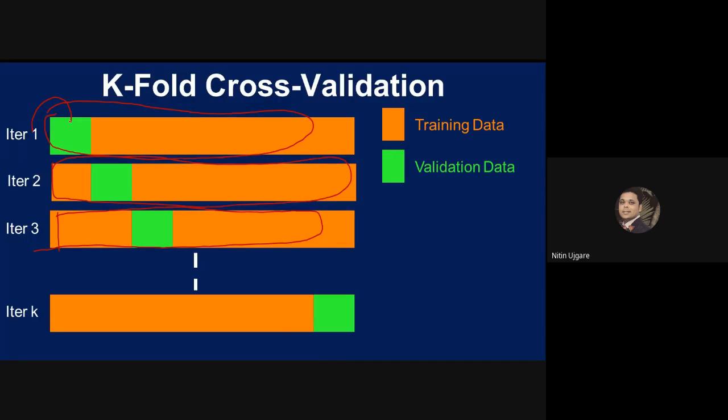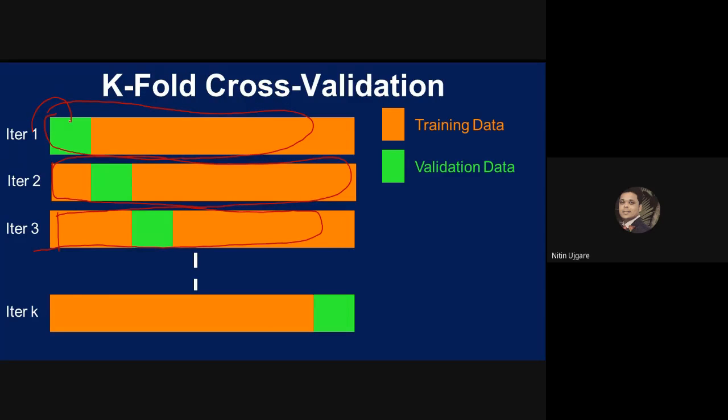This process is repeated, and every time we select a new fold for testing. If there are 4 folds, the value of k will be 4. If there are 6 folds, the value of k will be 6, so there will be 6 iterations. Every fold will be used once as a test data set to test the quality of your constructed machine learning model. So that is k-fold cross validation.